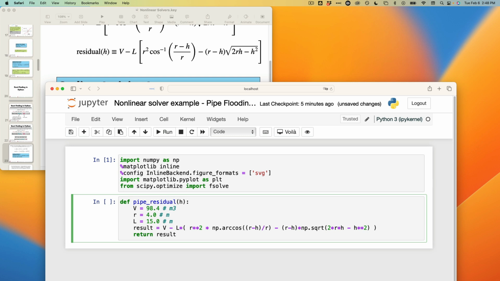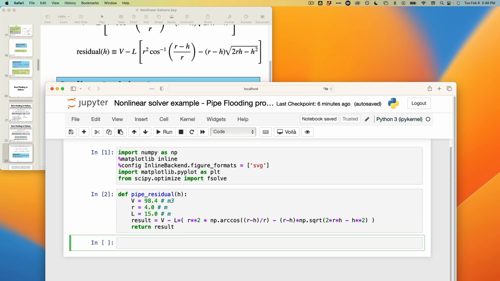This is a standalone Python routine. You could plot it, you could pass numbers to it, etc. In fact, let's go and plot it. Why not? Let's see how that residual function behaves. So let's create a linspace.